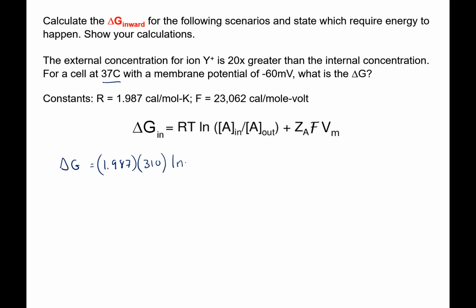Then I do the natural log, and it says external is 20 times greater than internal, so in is 1, external is 20. And now this membrane does have a membrane potential, and we're working with an ion, so we need to include this part of the equation.